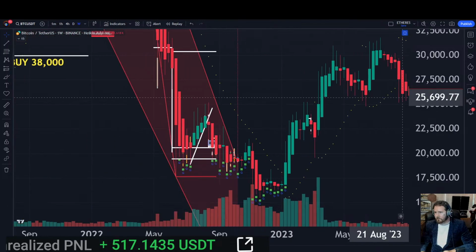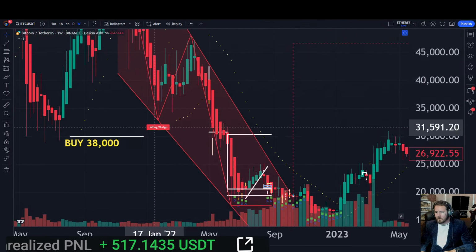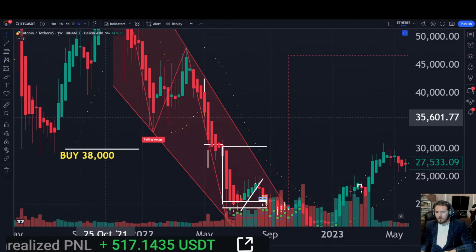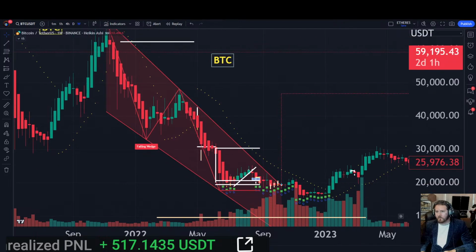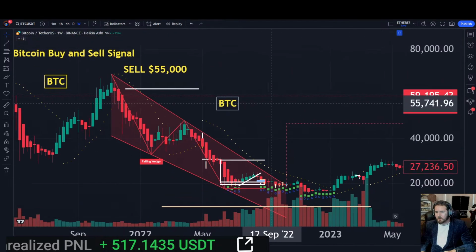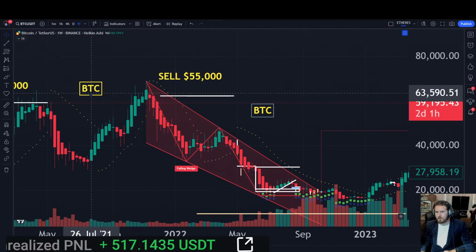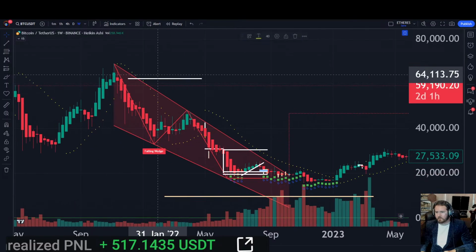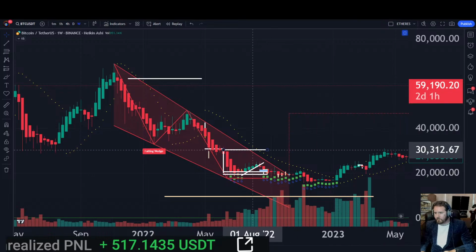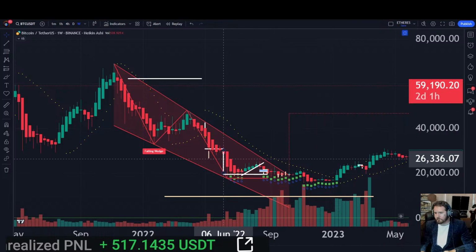All right. So this is my weekly chart. But yeah, this is a falling wedge on the weekly. You guys don't need all of that. We're going to start this chart fresh over here for this falling wedge on the weekly.